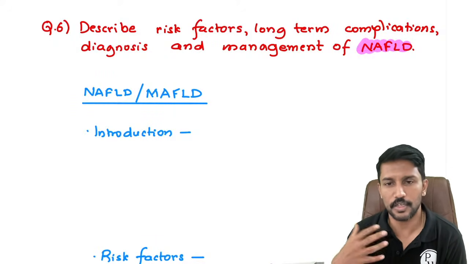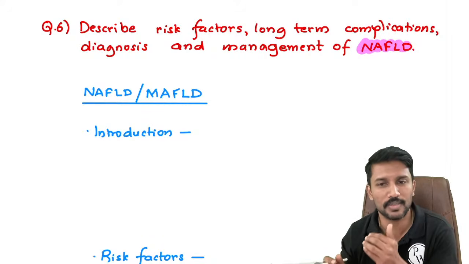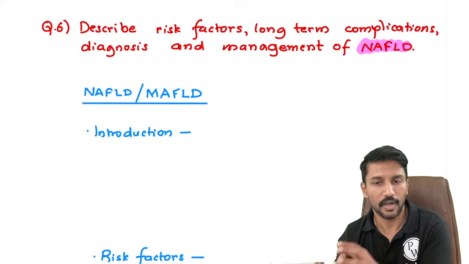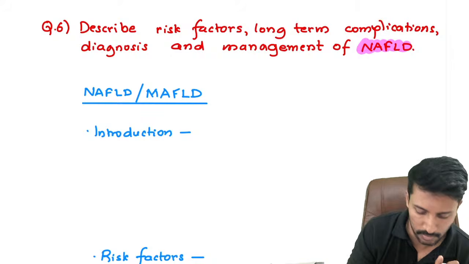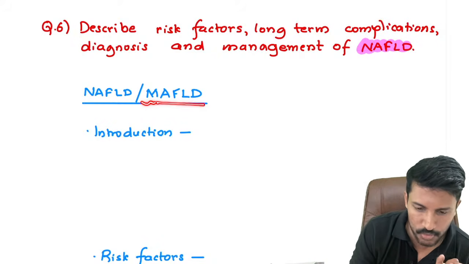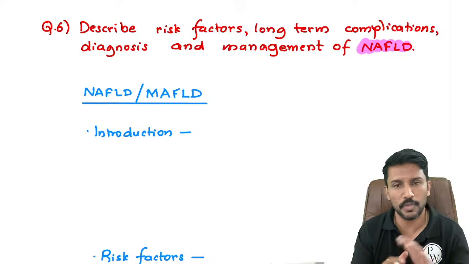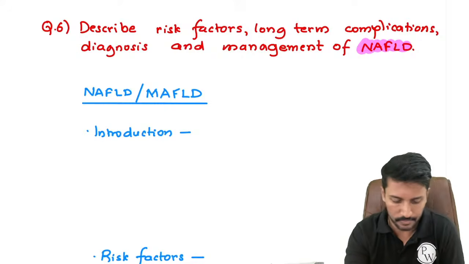Fatty liver happens in an individual who has metabolic dysfunction, who has insulin resistance, obesity, overweight, right? High caloric intake, high carb intake. That's why the term has been replaced by MAFLD, which stands for metabolic dysfunction associated fatty liver disease. So the examiner may throw any word at you, you should be familiar, right? Now, what is it?